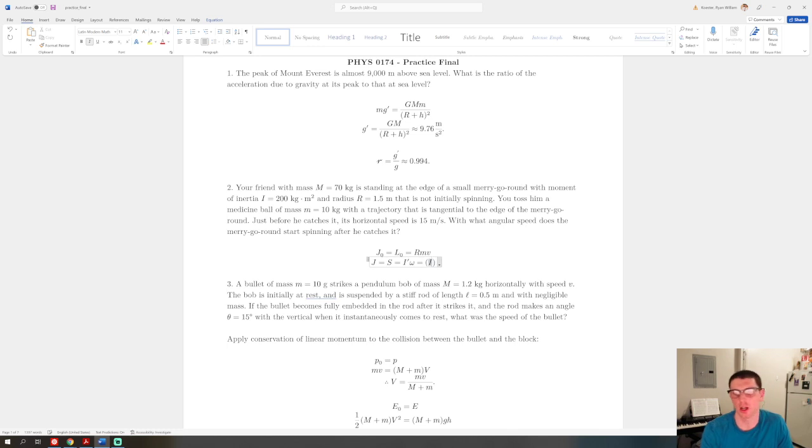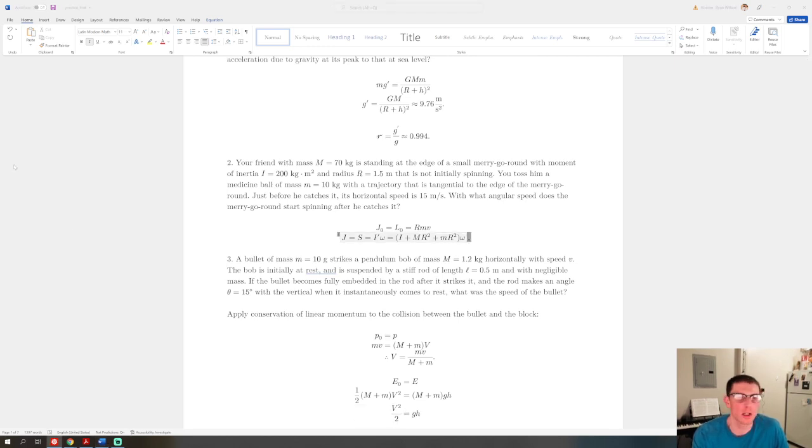There's the moment of inertia of the merry-go-round, then the moment of inertia due to your friend standing there, then the moment of inertia due to the ball now being in your friend's hands, like this. So that's the moment of inertia. Then you just have to multiply this all by omega to get the spin angular momentum here, right?